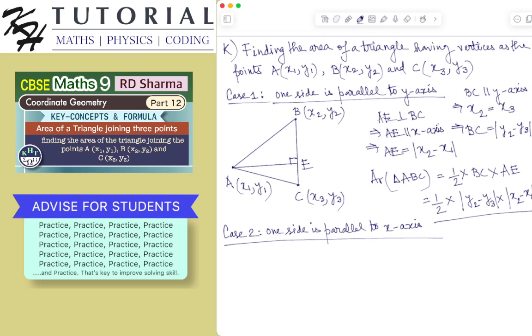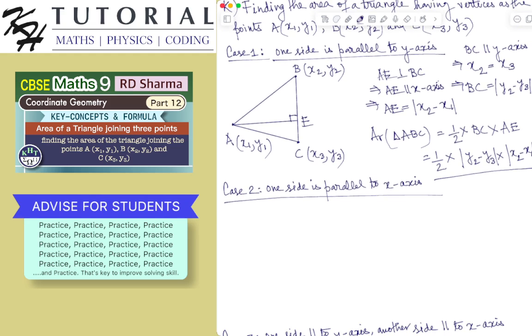Understand the concept and apply it to find the area. Instead of BC, it could be AC or AB that is parallel to the y-axis. So just understand the concept. This is how we can find the area of the triangle if one side is parallel to the y-axis.